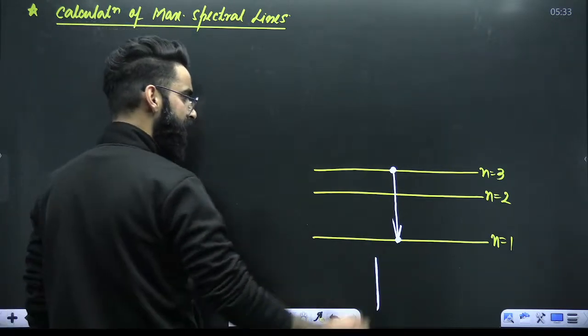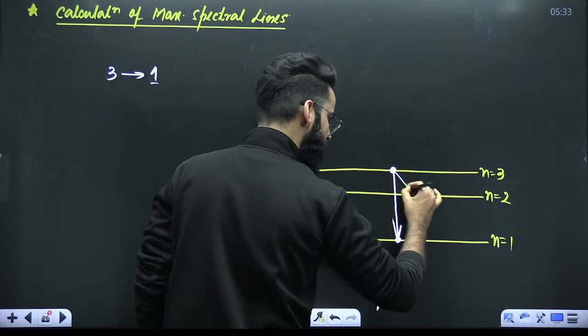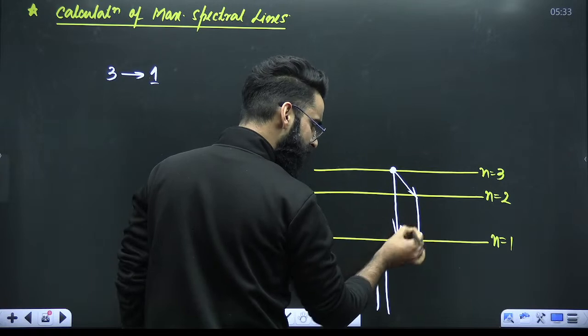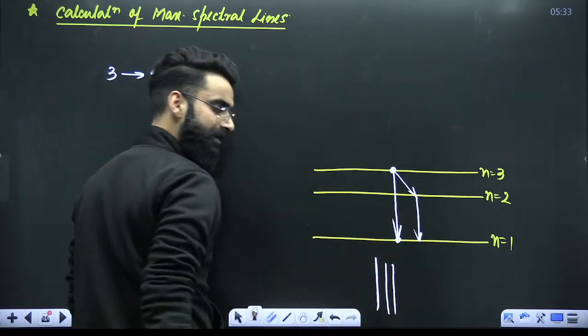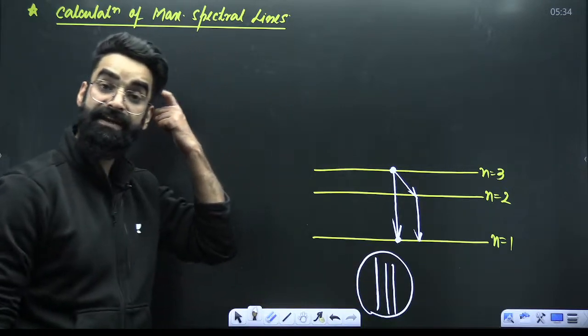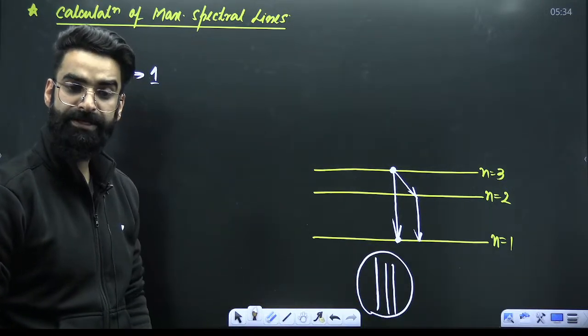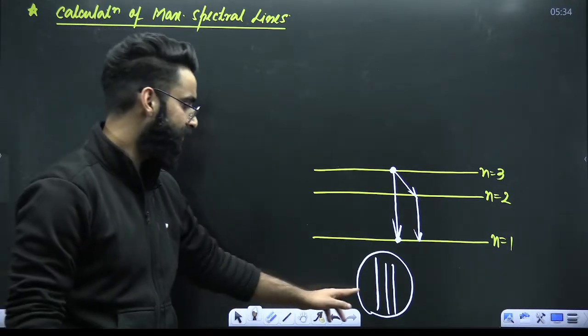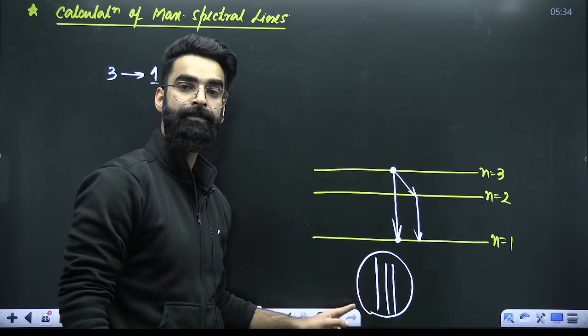The electron will first come from 3 to 2, and one spectral line is emitted. Then from 2 to 1, one more spectral line is emitted. So how many total spectral lines are emitted when the electron makes a transition from 3 to 1? 3 spectral lines in total are emitted.